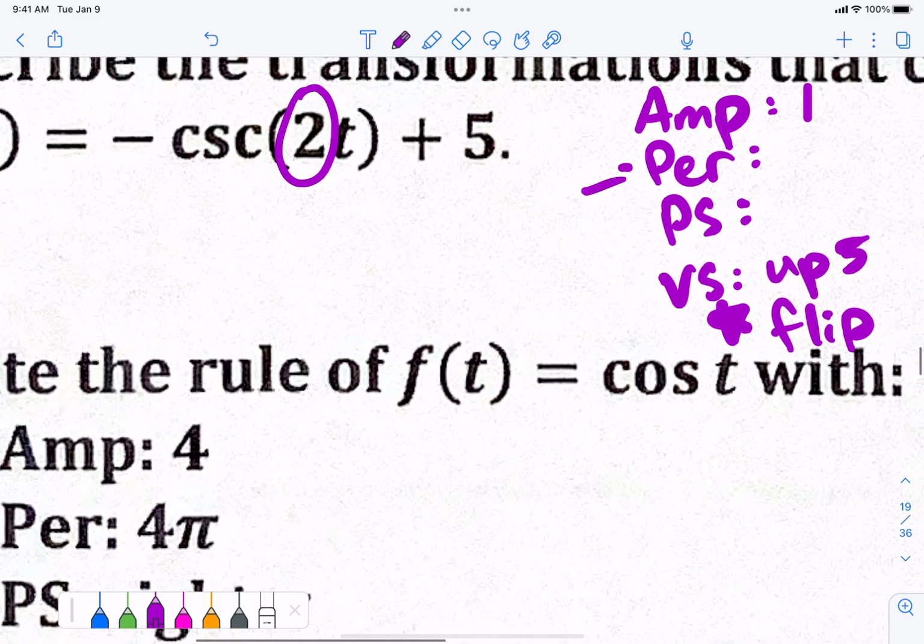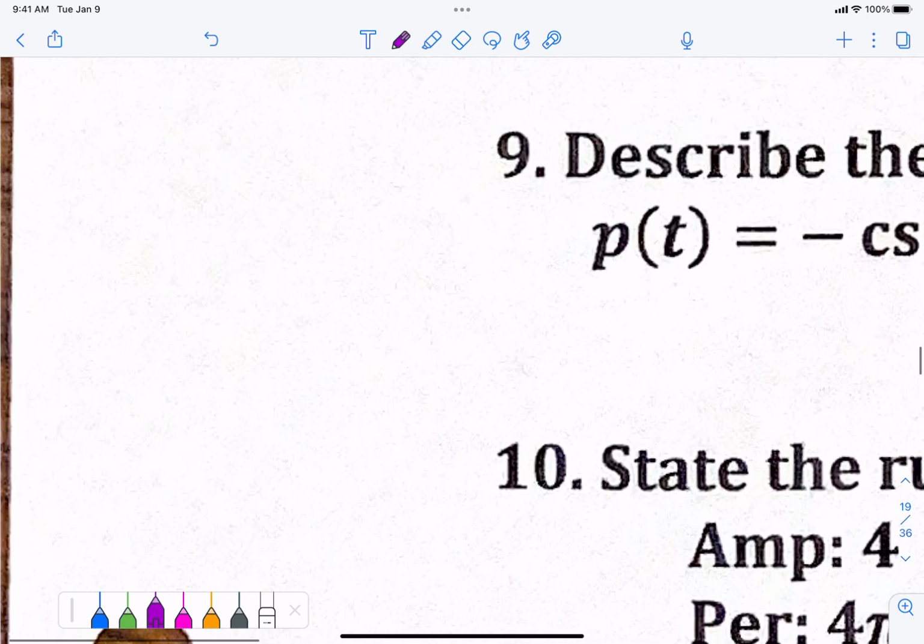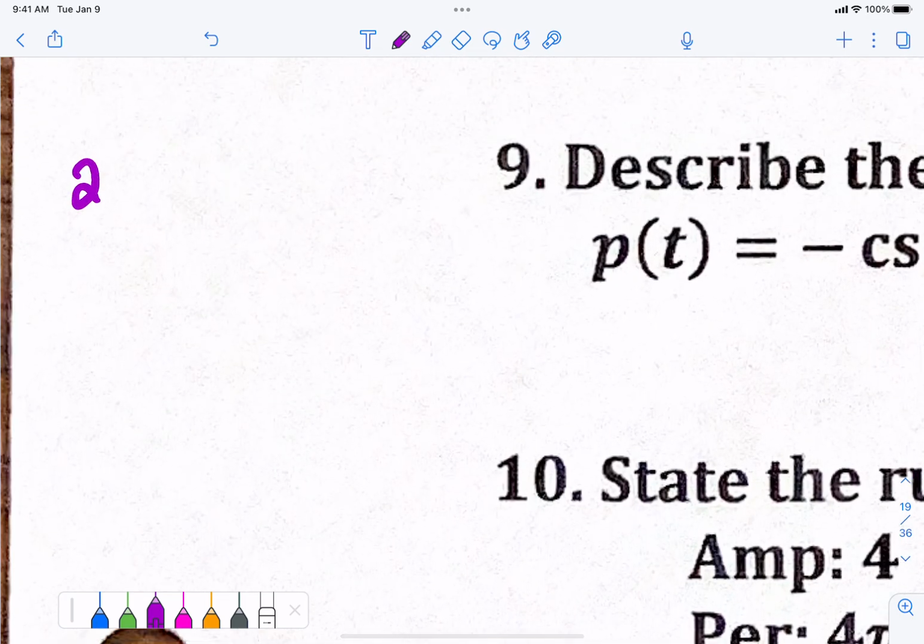Now here's the deal though. When we're doing period, we either do 2 pi over B or pi over B. Which one do we use for cosecant? It's always 2 pi. Which one do you use just pi for? Tangent. Maybe we'll write that off to the side over here. 2 pi is the period versus just pi is the period.